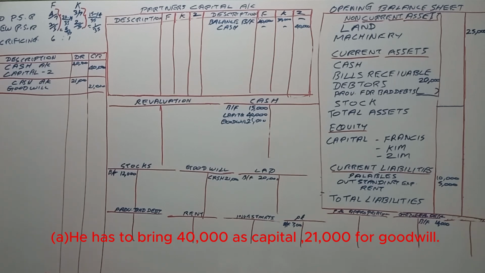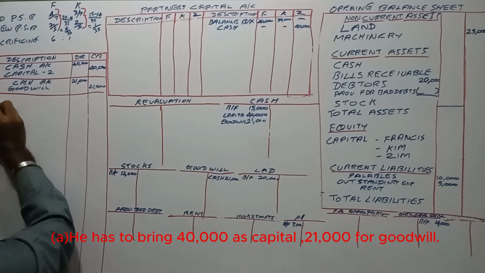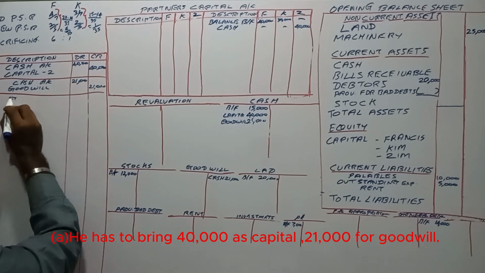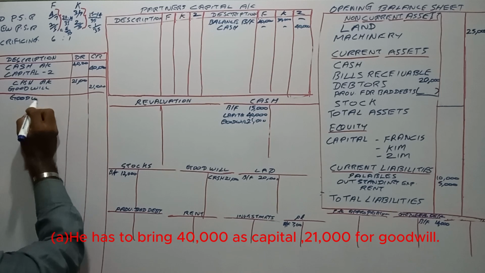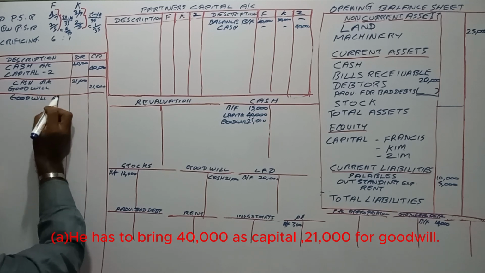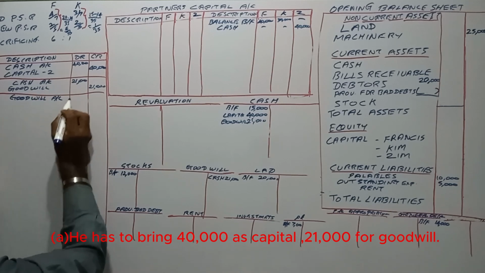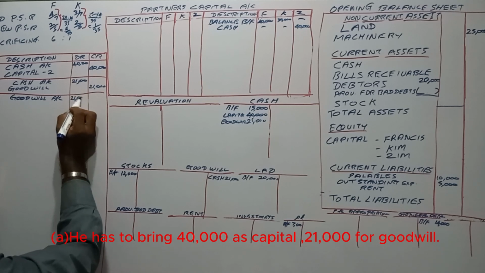So goodwill account debit, when you are distributing the goodwill. Goodwill account debit 21,000.